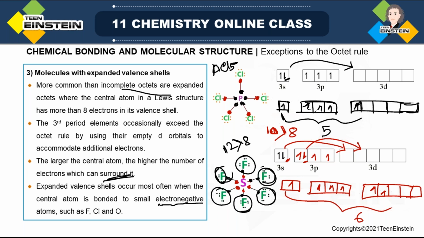The smaller this volume, the better, because accommodation will be easier. That is why it is mentioned in the last point that for this type of molecule, small electronegative atoms such as oxygen, chlorine, or fluorine are favored. If these atoms are very large, suppose iodine or bromine, then accommodation will be really difficult. That is why it is preferred for chlorine or oxygen.